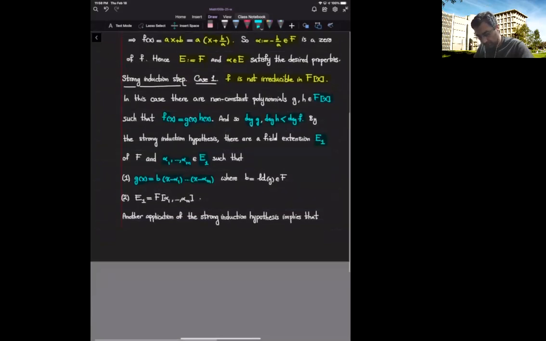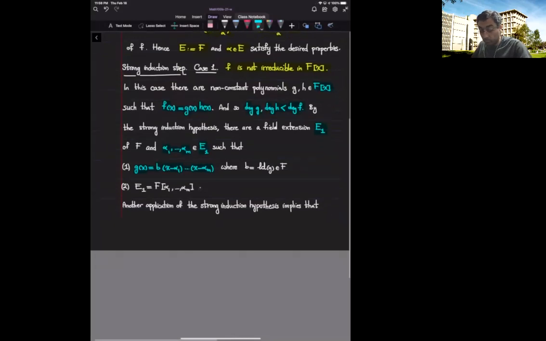Okay, so as part of the strong induction hypothesis, I have this statement, and moreover, this field E1 is generated by the alpha i's and the base field F. So that comes from the induction hypothesis.